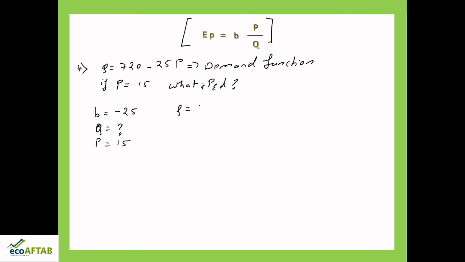Q is equal to 720 minus 25 multiplied by 15. 25 into 15 is 375, and 720 minus 375 is 345. So, we got the value of Q, and the value of Q is 345.